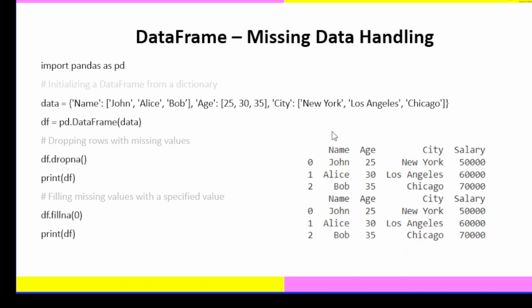As of now in our data set we don't have any null values. Whenever you have null values, you can drop that particular row or column with the missing values. And whenever I have missing values, I can fill them with a particular value. Here, df.fillna(0) means whenever I have a null value, you replace it with a 0.